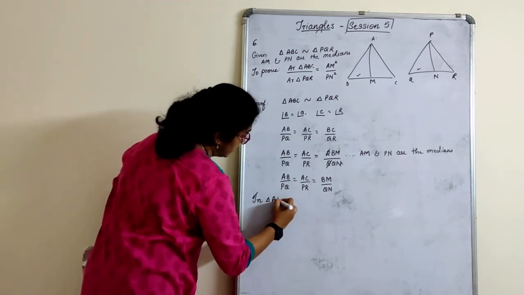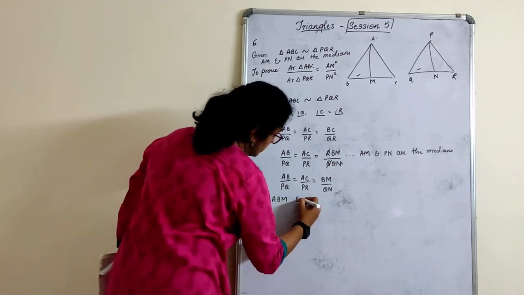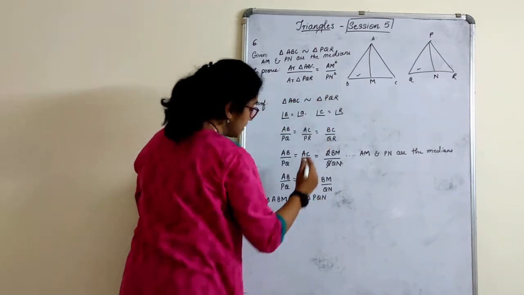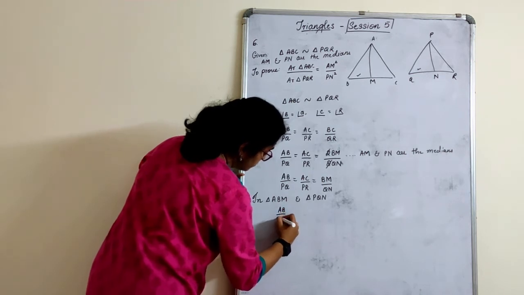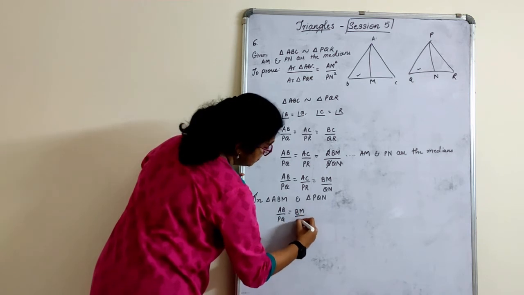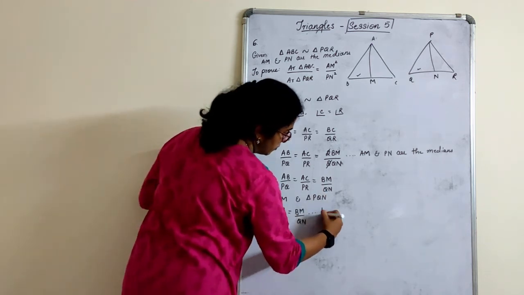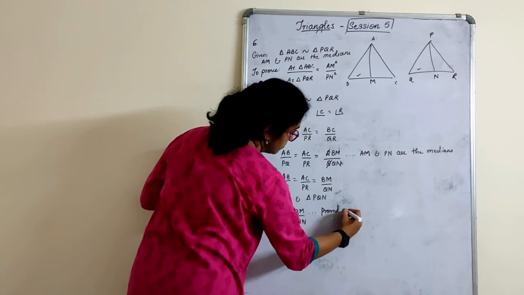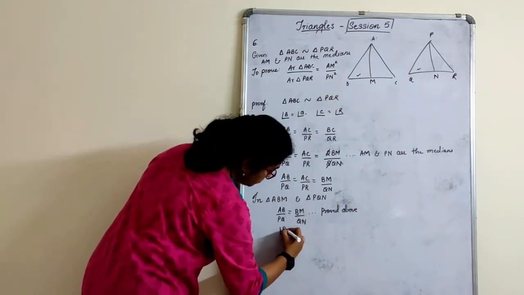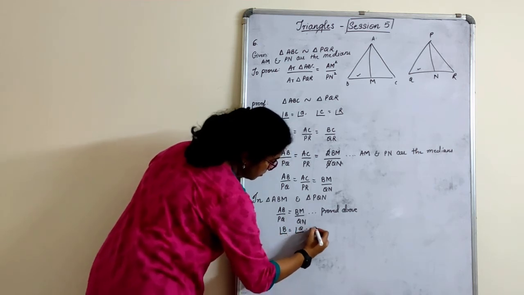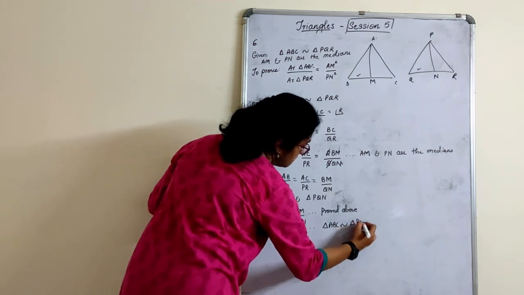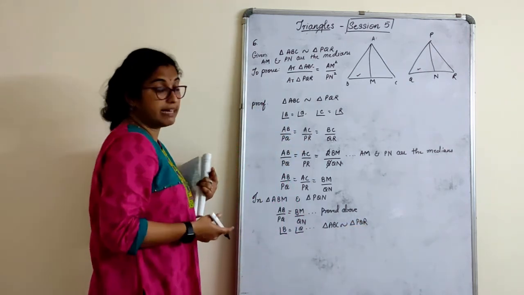In triangle ABM and triangle PQN, AB by PQ is equal to BM by QN, proved above. Right? Angle B is equal to angle Q. Reason? Triangle ABC is similar to triangle PQR. Which criteria? SAS criteria.